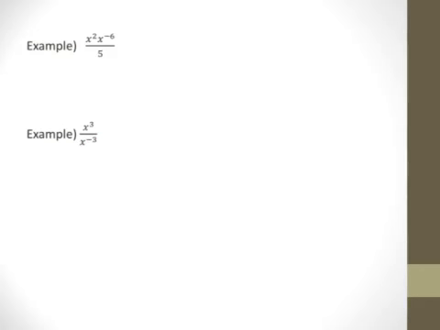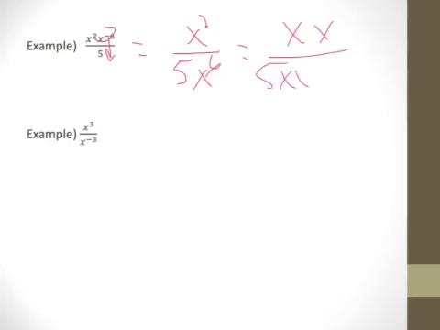Next example, we have x to the negative 6 on top. To make it positive, it has to come down. So we leave the x squared on top. We already have a 5 on the bottom, and we're bringing down x to the 6th. Then you need to look to simplify that. I have 2 x's on top. I have 6 x's on bottom.